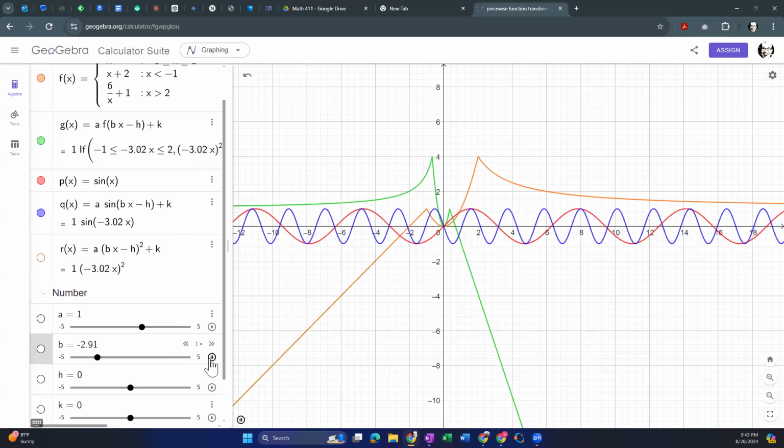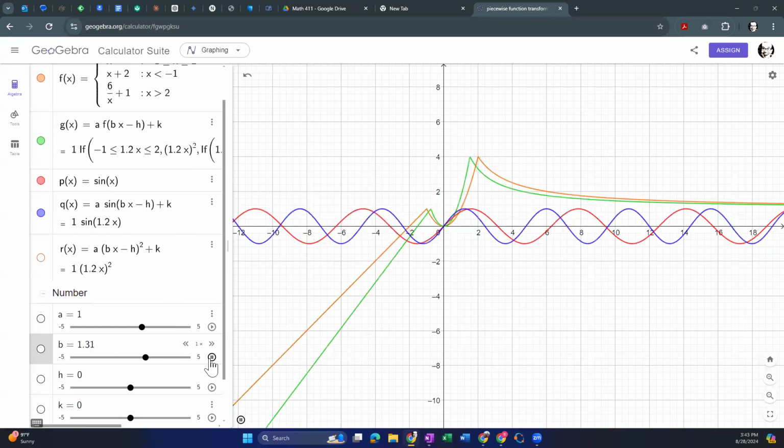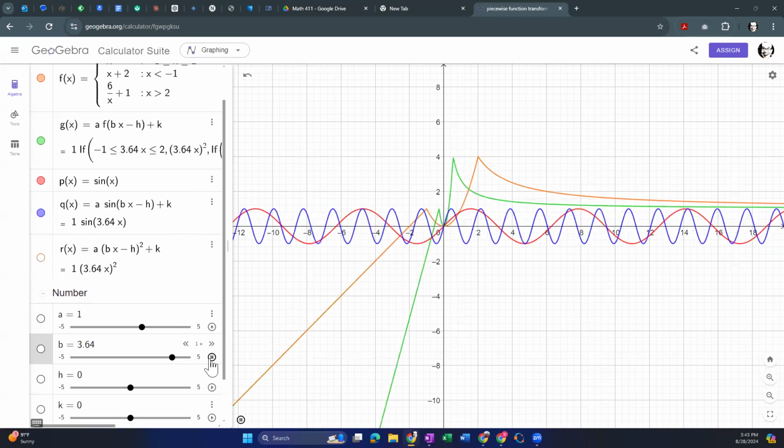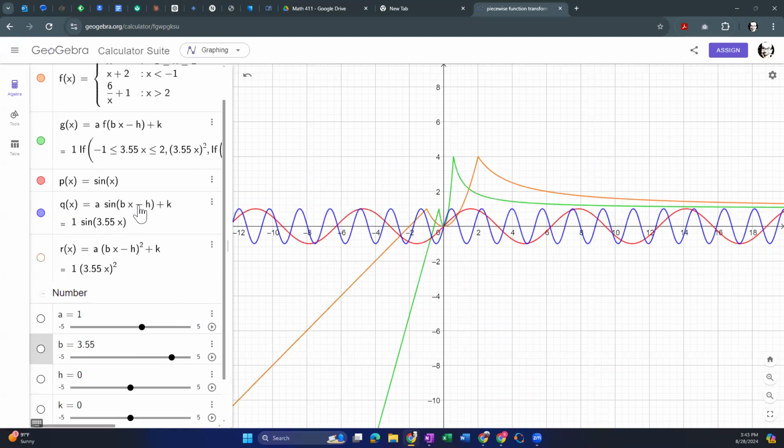When b is smaller, closer to zero, it feels like you're being horizontally stretched. Especially when you're thinking about this as a sine wave, b is in the place of what we would call the frequency of the sine wave, or how many of these sine waves would fit into a period of 2 pi.